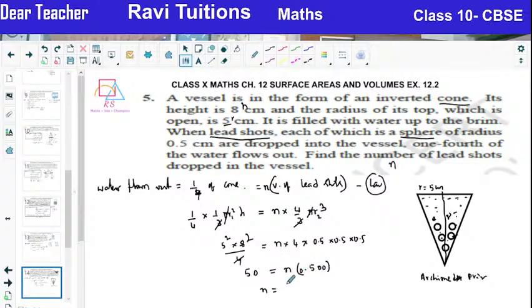So n is equal to 50 upon 0.5, so 100. These many lead shots.